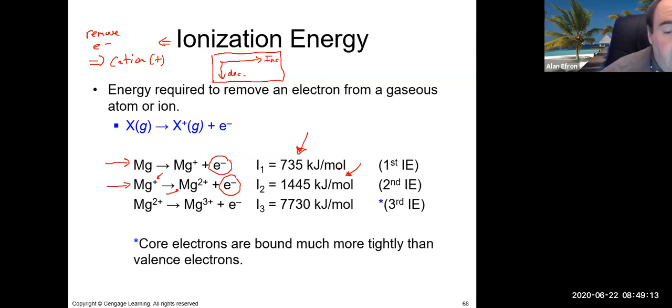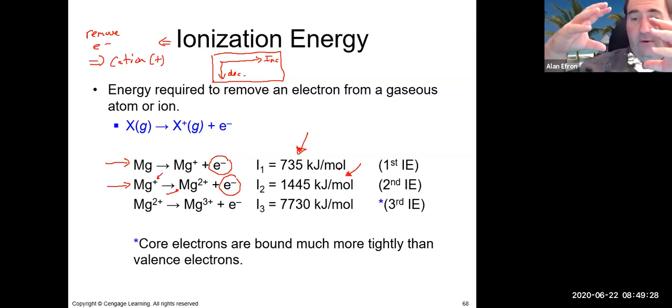And you should be able to see a pattern here. It is much easier to remove the first electron than the second. And that's because in a neutral atom, everybody is out by themselves with those electrons. But as soon as you lose an electron, all the electron density basically gets smaller.